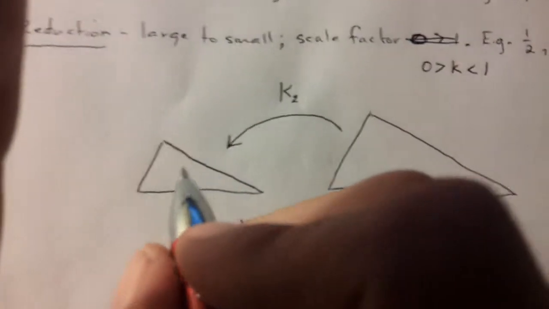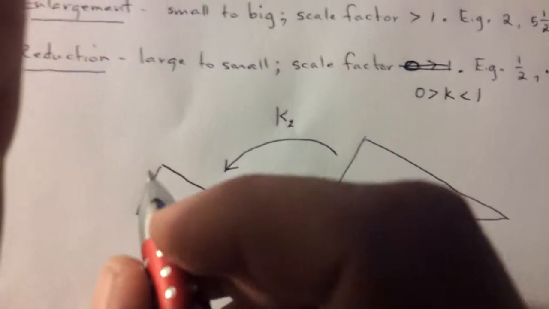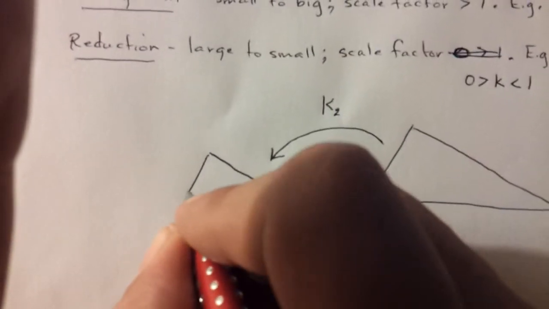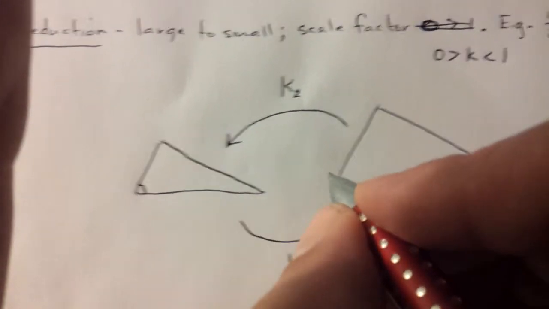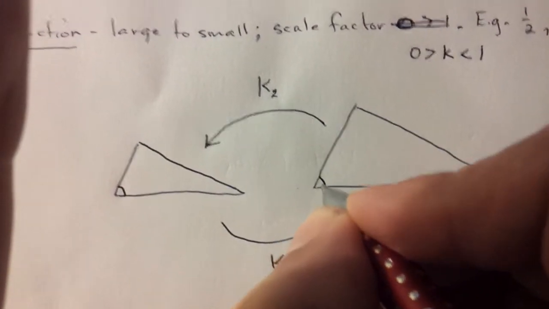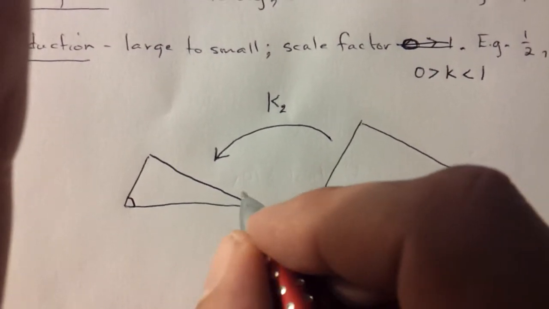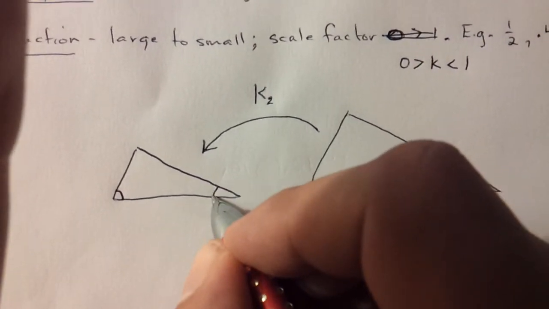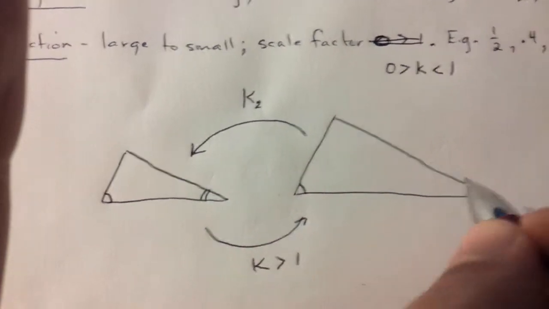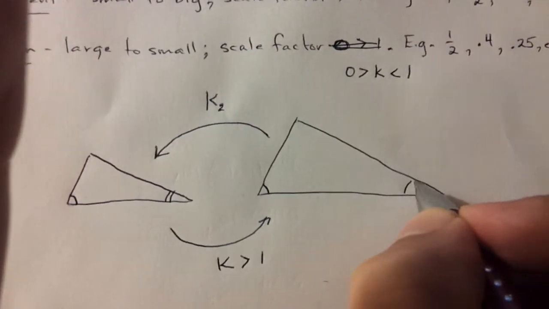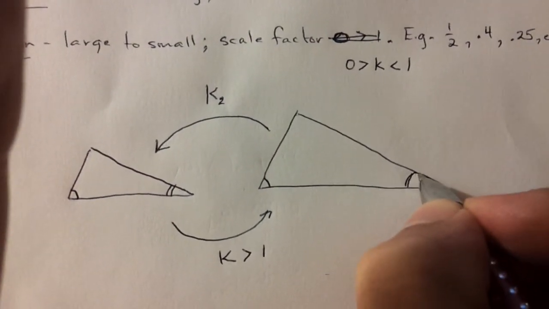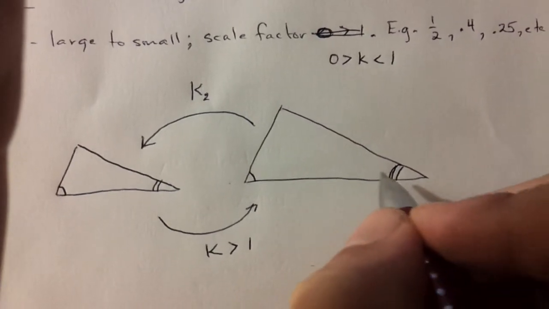Since these two figures are similar, they're going to have the same shape. What that means is that the corresponding angles are going to be congruent. Those two angles correspond to each other, so they're congruent, and these two angles are also congruent. Congruent means that they have the same measure.